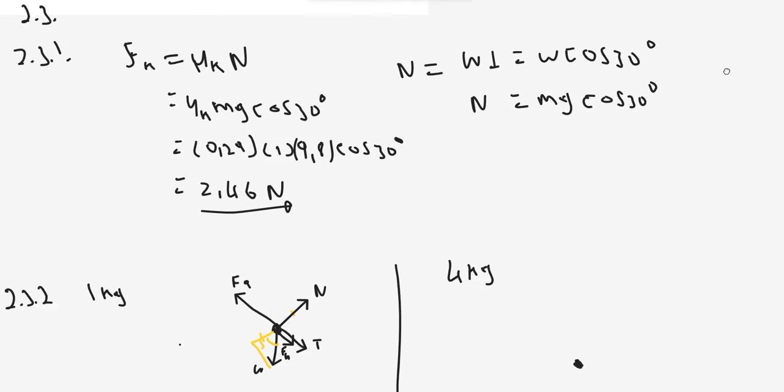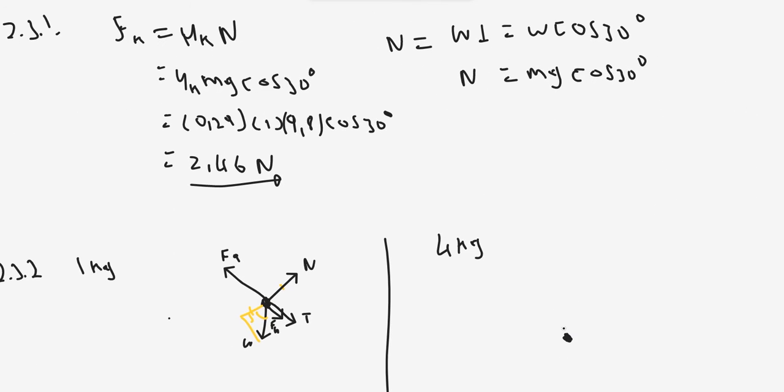Let's draw it here: we have a normal force, and our tension, our weight taken downwards, and our frictional force.